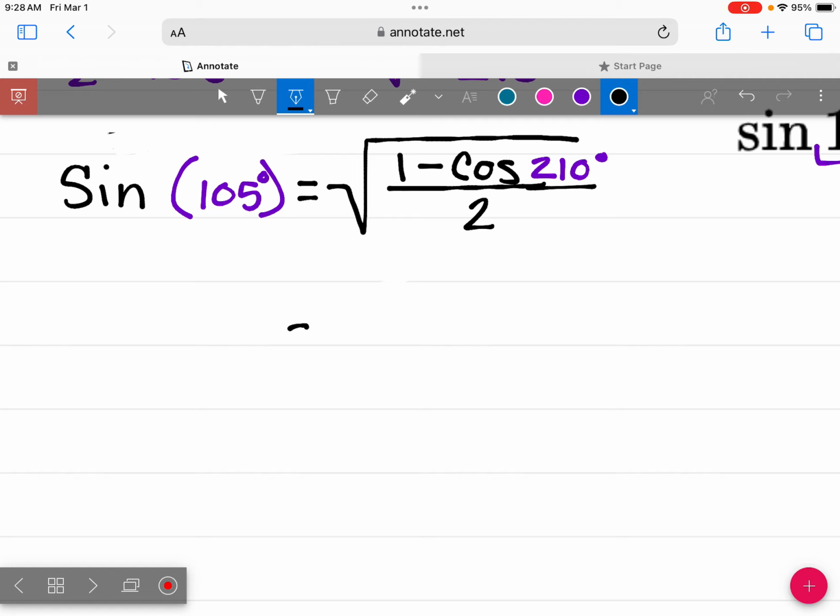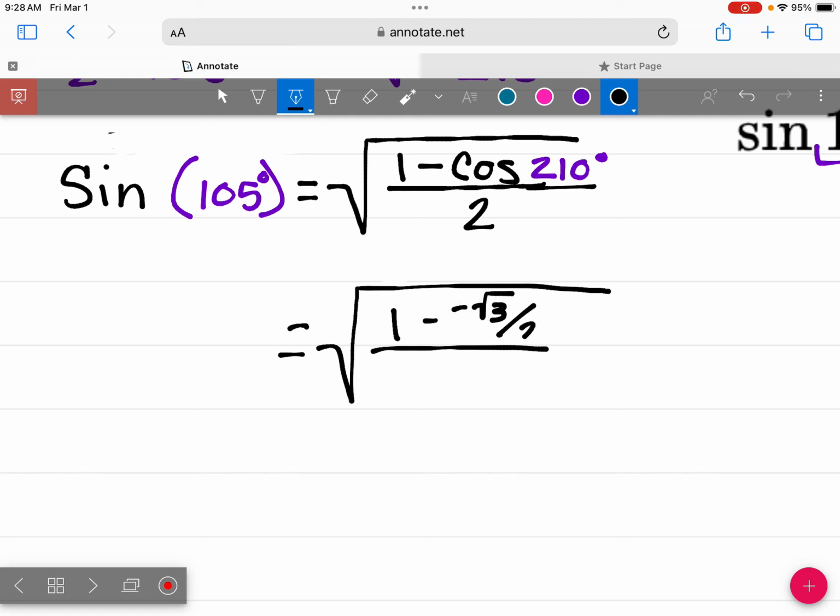So we're going to simplify this. The 1 is just coming down. What is the cosine of 210? Negative square root of 3 over 2. And then again, we're over 2 again.